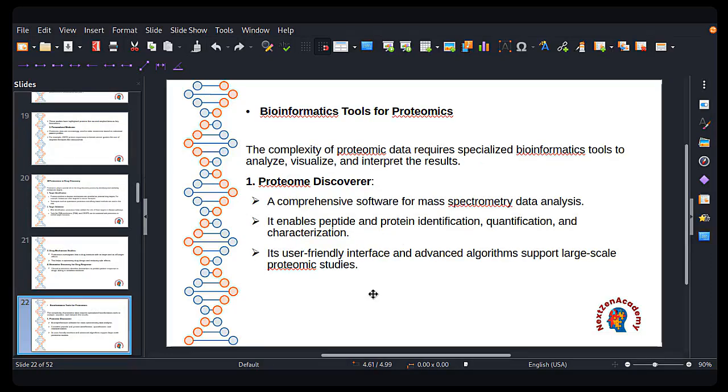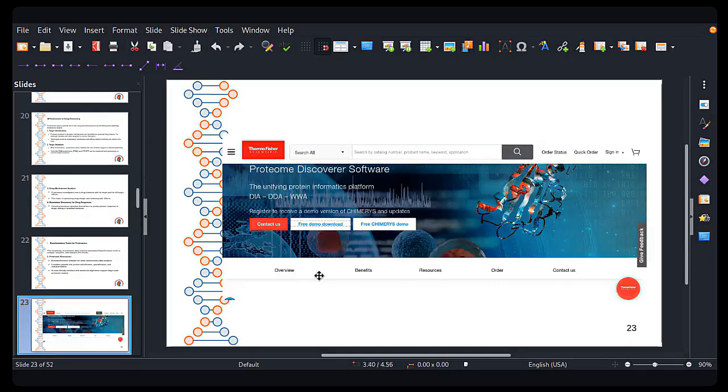Then bioinformatics tools for proteomics, so this topic is of your interest now. The complexity of proteomic data requires specialized bioinformatic tools to analyze, visualize, and interpret the results. Proteome Discoverer. The interface of this tool looks like this.